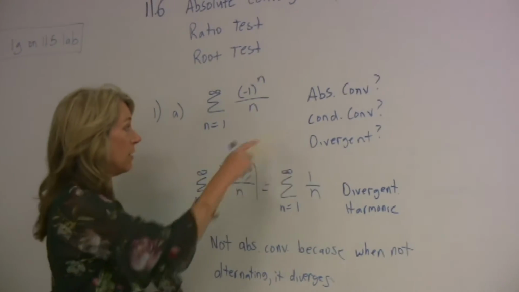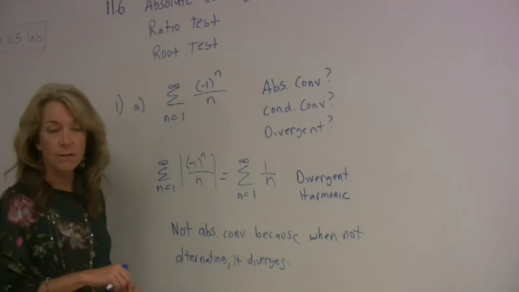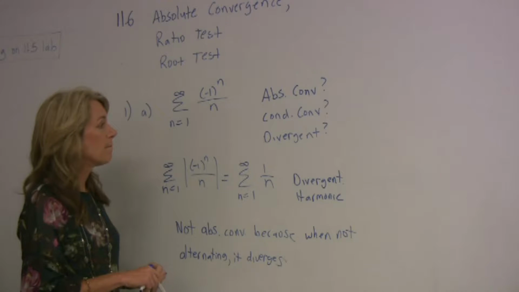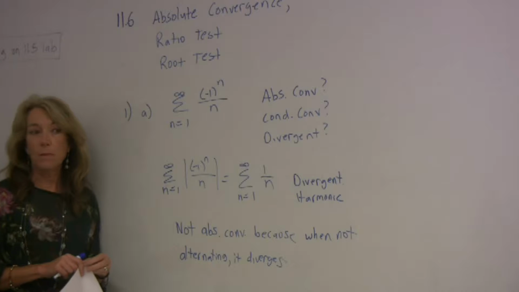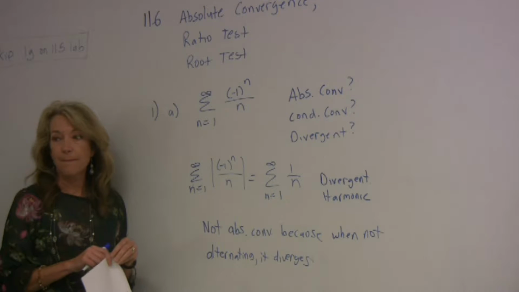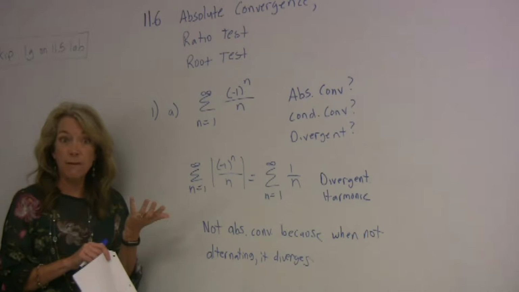So now we're going to check for conditional convergence. How do we check for conditional convergence? Conditional convergence means, if it's alternating, will it converge?